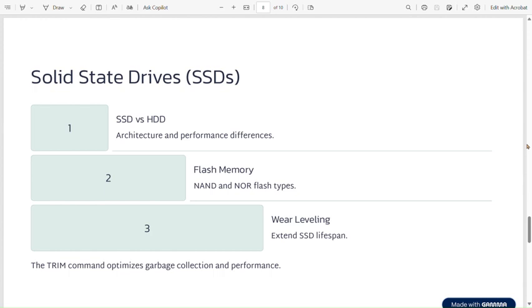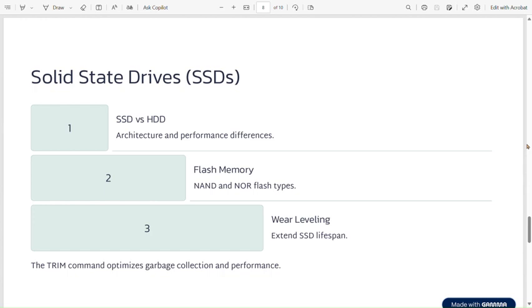Second one is flash memory, which involves NAND and NOR flash drives. Flash memory, a type of non-volatile memory used in SSDs, USB drives, and memory cards. It stores data in memory cells made from floating gate transistors, offering fast access and durability without power.